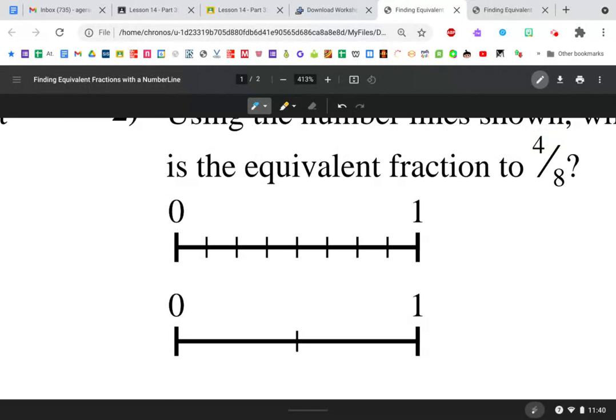So it's very important now to go ahead and label this number line, all 8 parts, okay? So we have 0/8, we have 1/8, we have 2/8, 3/8, 4/8, 5/8, 6/8, 7/8, and 1 is equal to 8/8. Okay, very good. So now we know where 4/8 is, don't we? It's right here. Yeah. All right, very good.